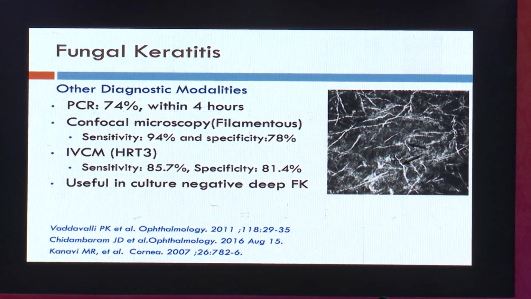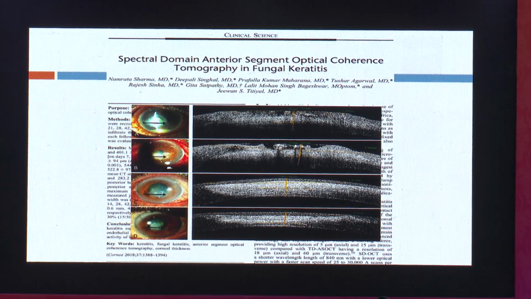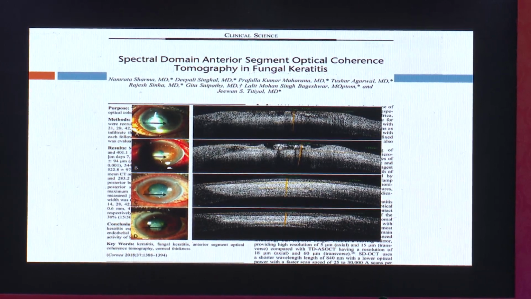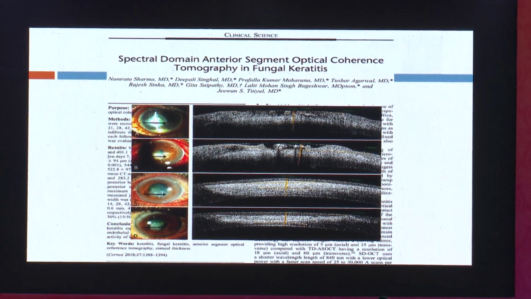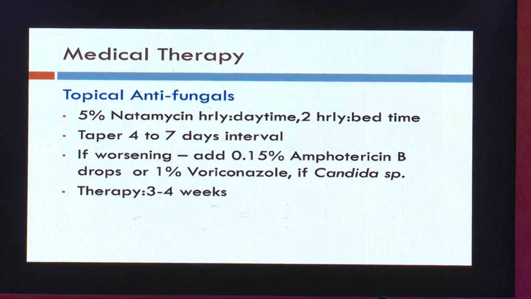If you do a PCR or confocal microscopy and you pick up the hyphae, then you can start antifungal therapy. We've also described the features of fungal keratitis on anterior segment OCT, and in some of the cases it helps you to pick up the activity as well by the morphology which we see on the anterior segment OCT.